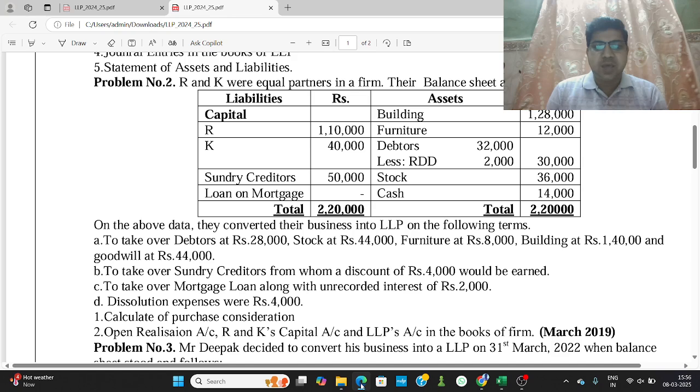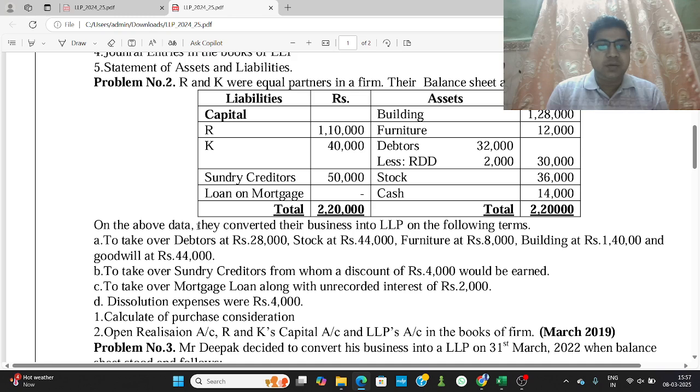Liability side: R's capital 1,10,000, K's capital 40,000, sundry creditors 50,000, loan on mortgage dash, total 2,20,000. Assets: building 1,28,000, furniture 12,000, debtors 32,000, less RDD 2,000, outer column 30,000, stock 36,000, cash 14,000, total 2,20,000.